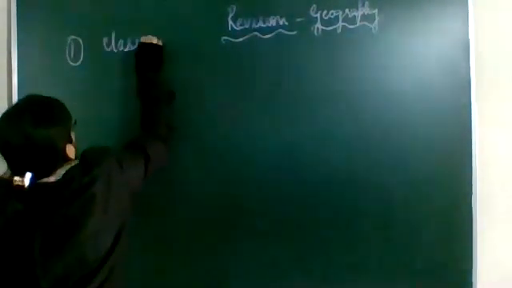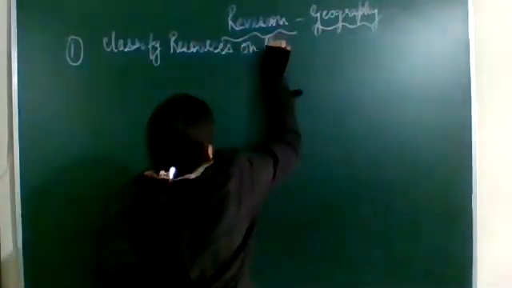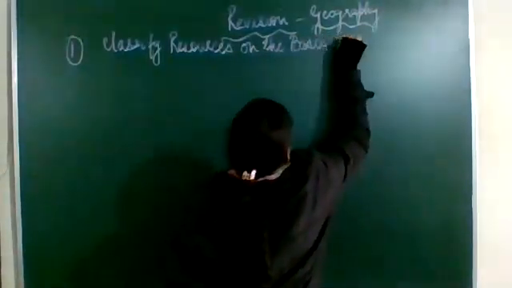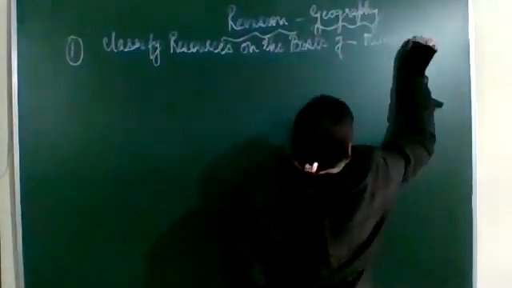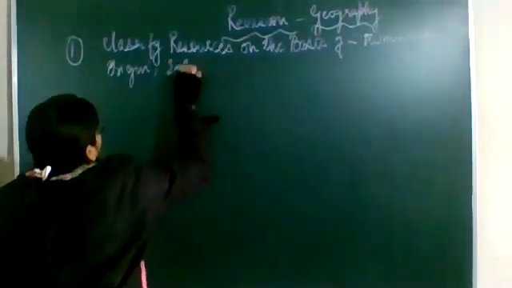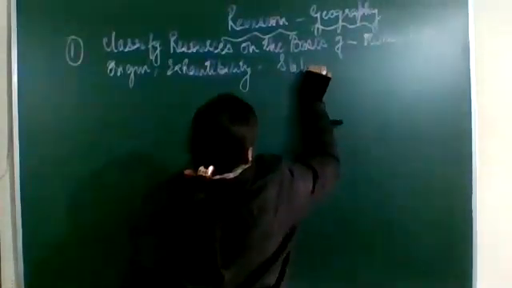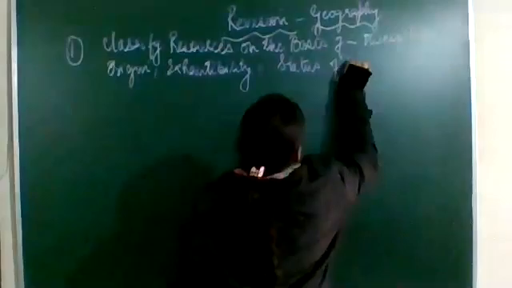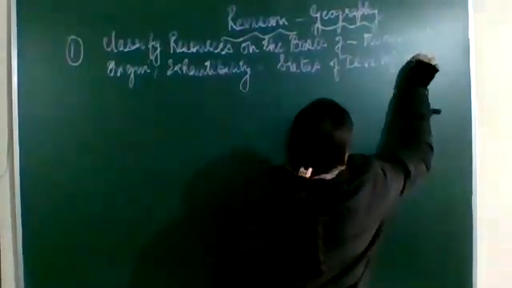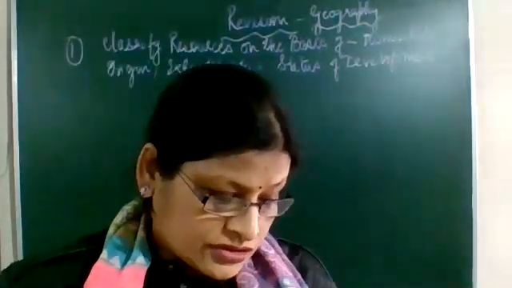Now, the first question. All the four classification classify the resources on the basis of ownership, origin, exhaustibility, and status of development.